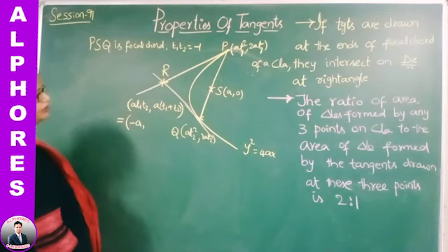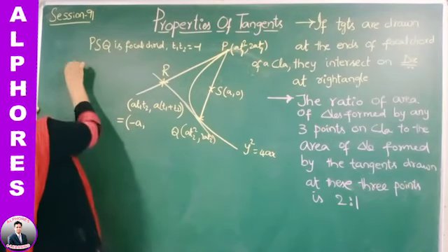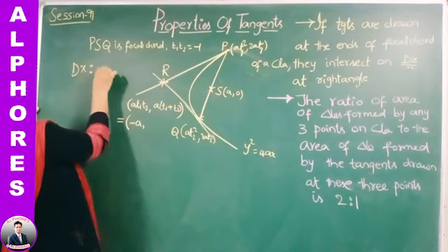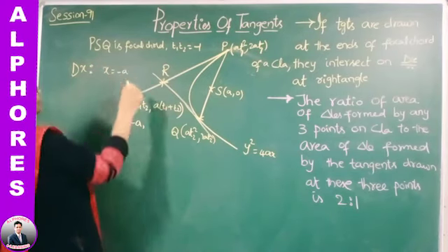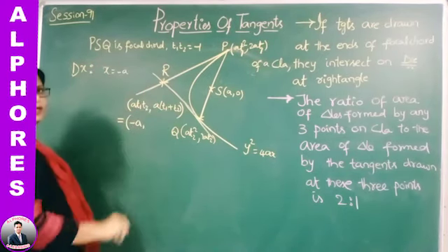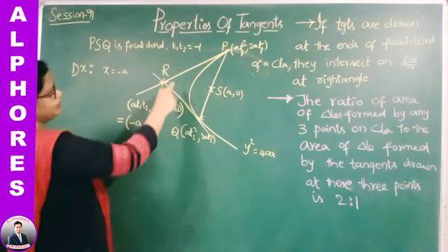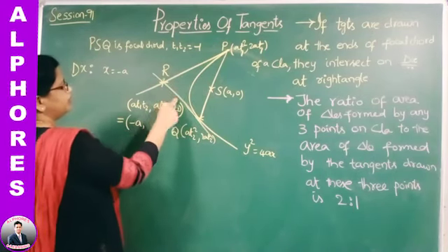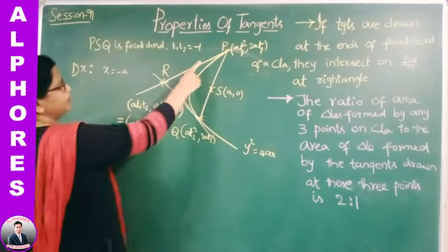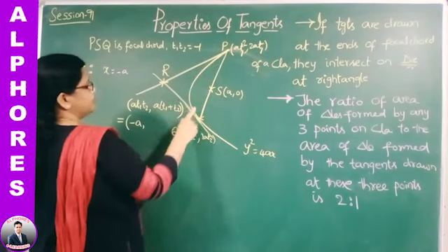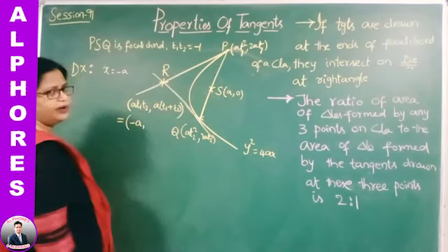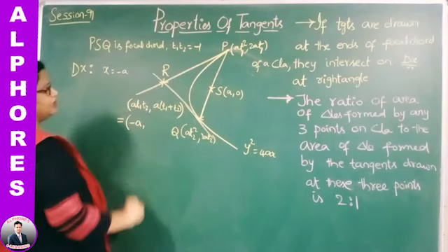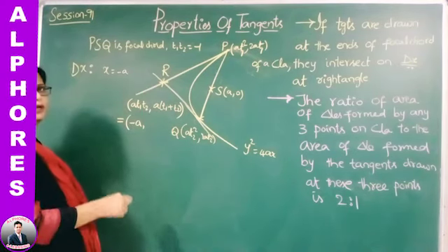The directrix equation is nothing but x equal to -a. That implies, you can observe clearly students, this point is exactly on the directrix. Implies the two tangents drawn at the ends of the focal chord are intersecting exactly on the directrix.